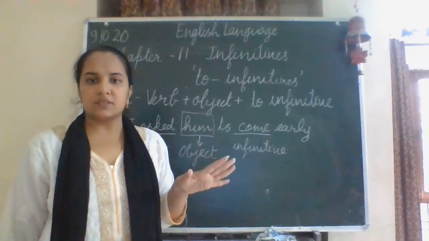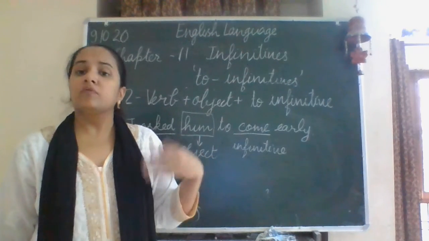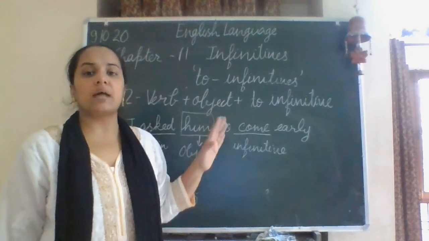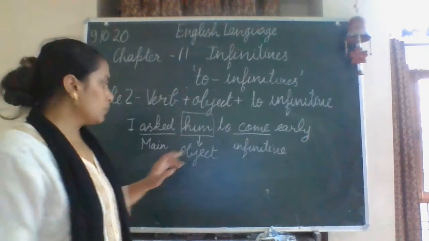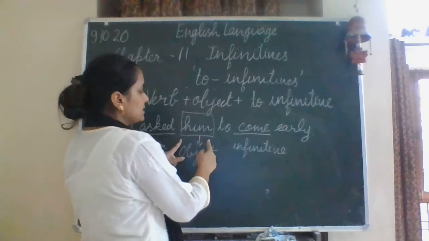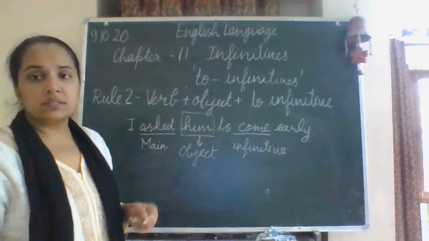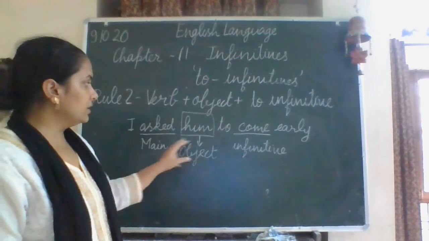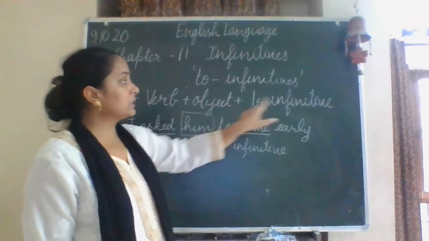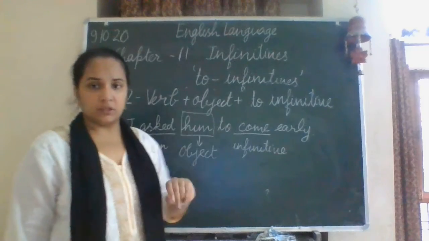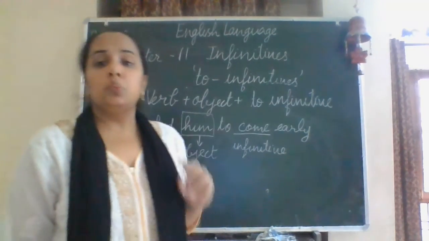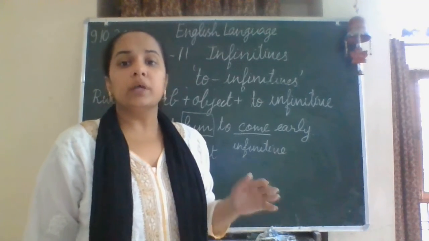Everywhere in each and every sentence there will be subject, verb or the helping verb depending on the tense of the sentence, and after that comes the object. So here between the main verb and the infinitive, this is the object of the sentence. So here it is satisfying the condition verb plus object plus to infinitive. So this is another way in which we can use the to infinitive.